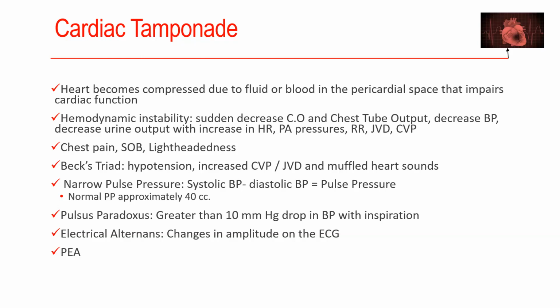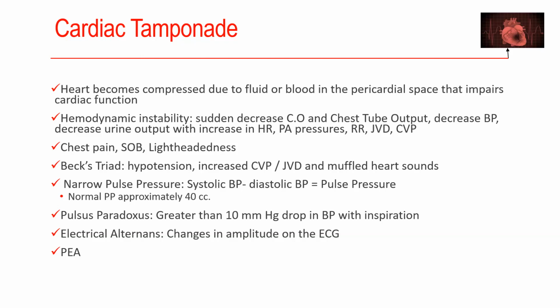The difference between pericardial effusion and a cardiac tamponade is a slight difference. Pericardial effusion or pericarditis is typically a slower accumulation of lymphatic fluid. Cardiac tamponade is a rapid accumulation of blood. So with a tamponade, you have blood typically, and with pericarditis or a pericardial effusion, you have lymphatic fluid.